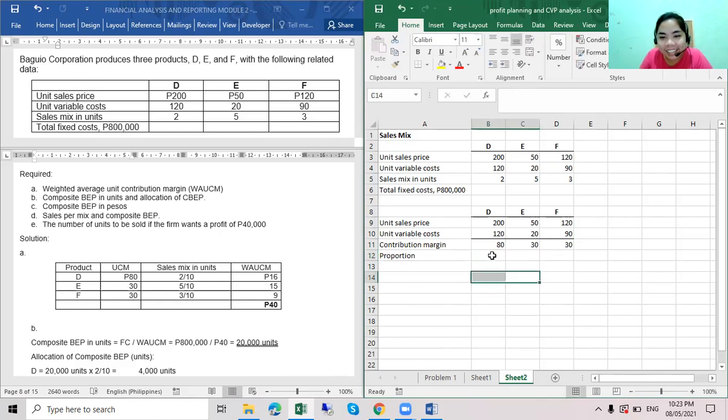So, 2, 5, 3. Nga, naka-date na siya. Okay. Equals. Inamo ko na lang na class. So, 2 divide 10, 20%.